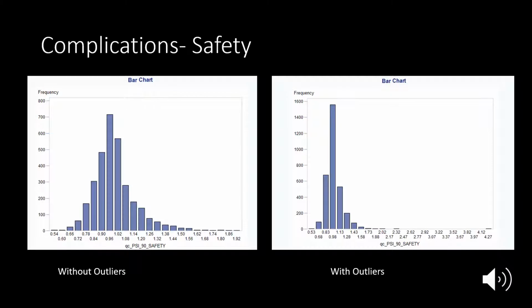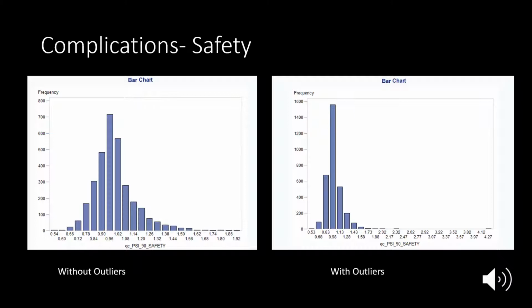Okay, so on this graph, we're looking at the 2 bar graphs that we got to examine our data, and this is for safety complications. So we had 2 bar graphs because there were outliers in the data.